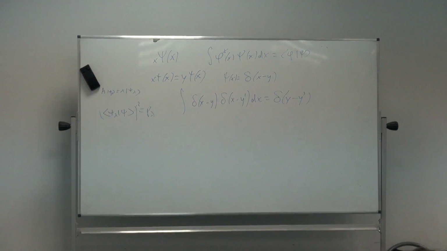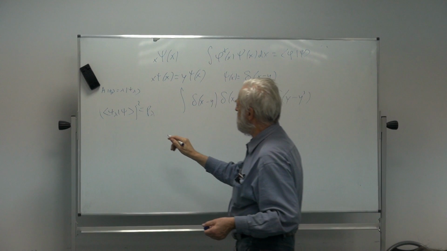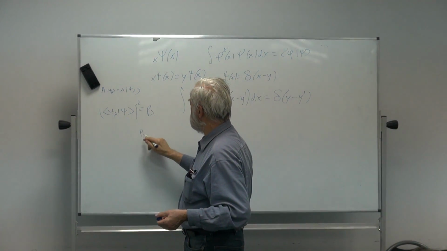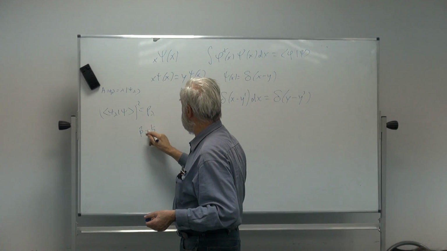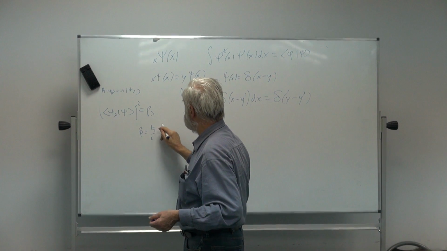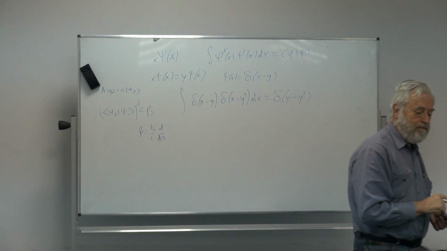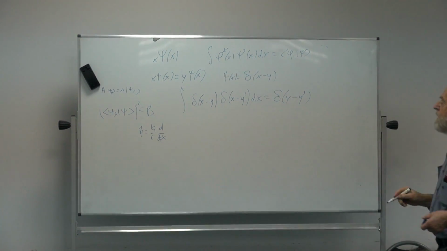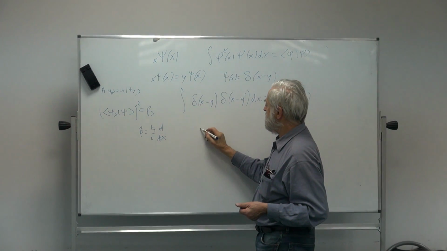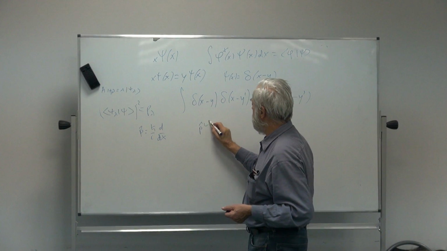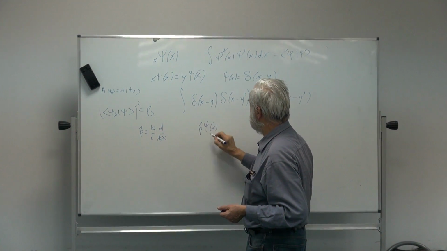So we know that our P is equal to h bar over i times d by dx. We know that. So now we again may try to solve the eigenvalue problem.